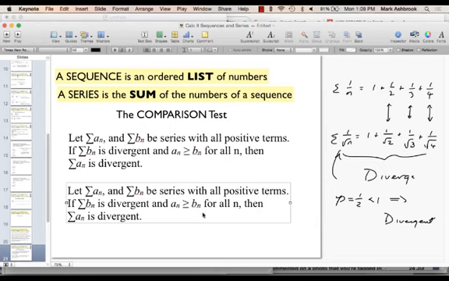Mitch, how would you change this to make it for convergence? Instead of Bn being divergent, would Bn have to just be convergent? Okay, so if Bn is convergent, I like that. Good start.